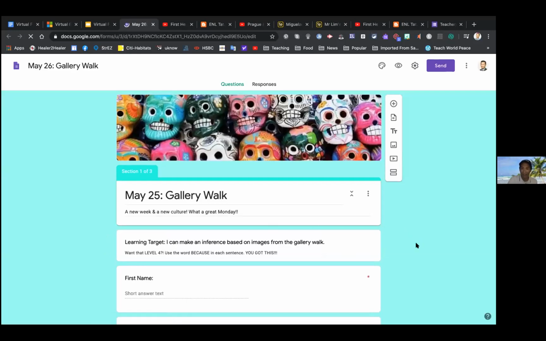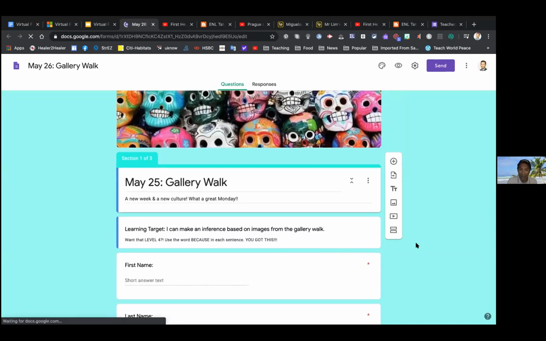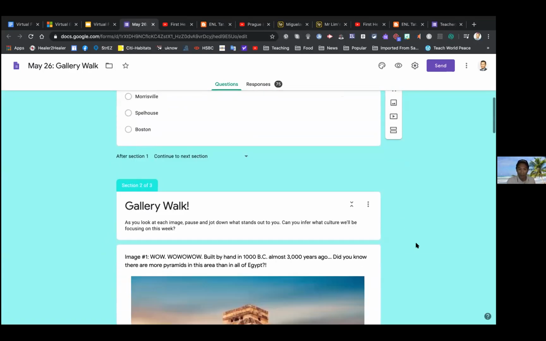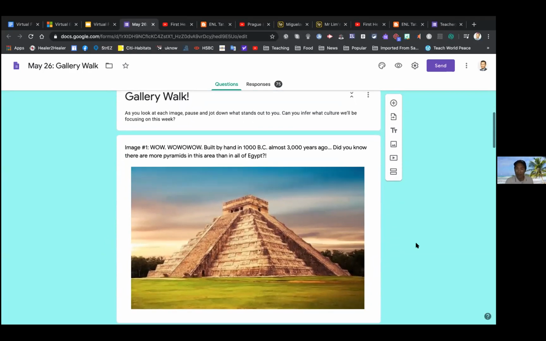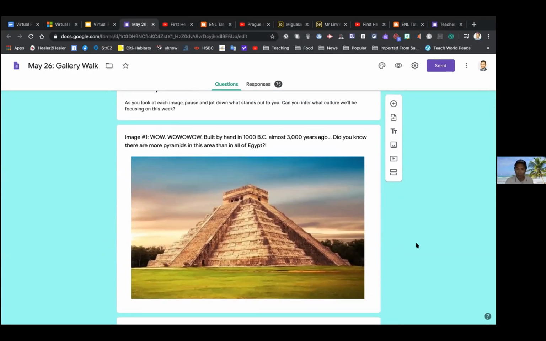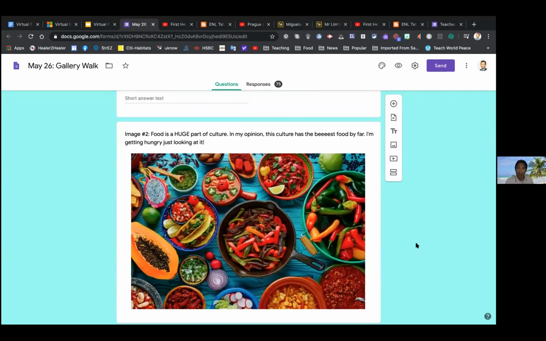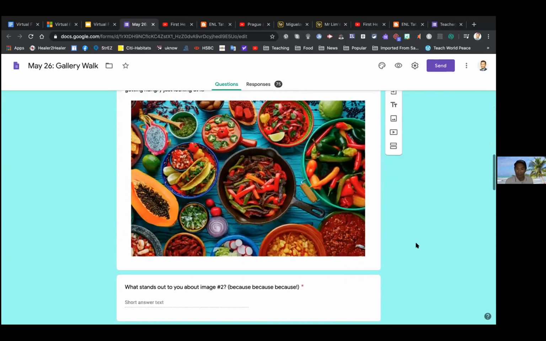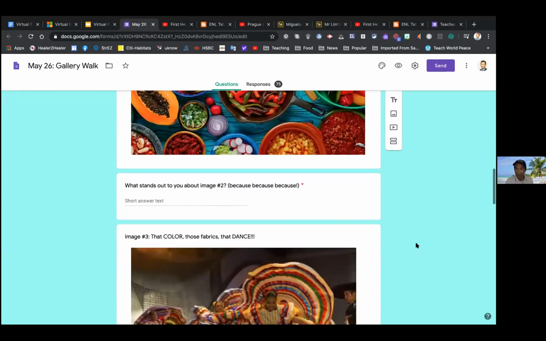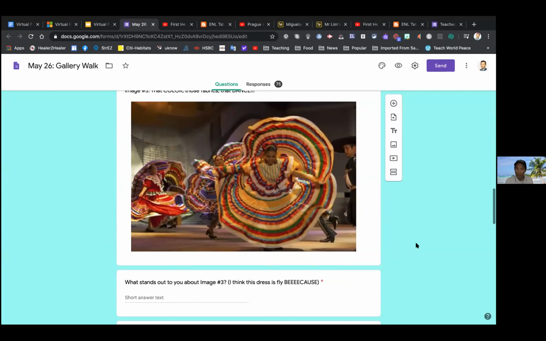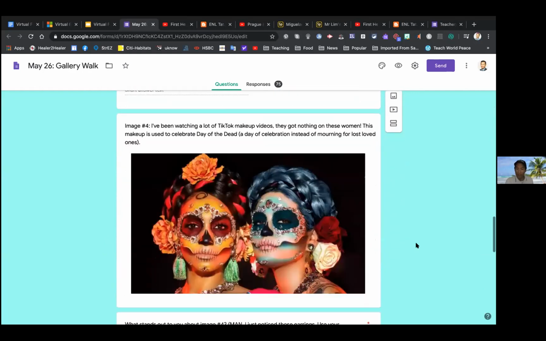This is from the ELL lesson last week on Mexican culture. It starts with a gallery walk to introduce students to the different images that they would find in Mexico and that culture. The food is relevant there. Folk dancing as well in the costumes.